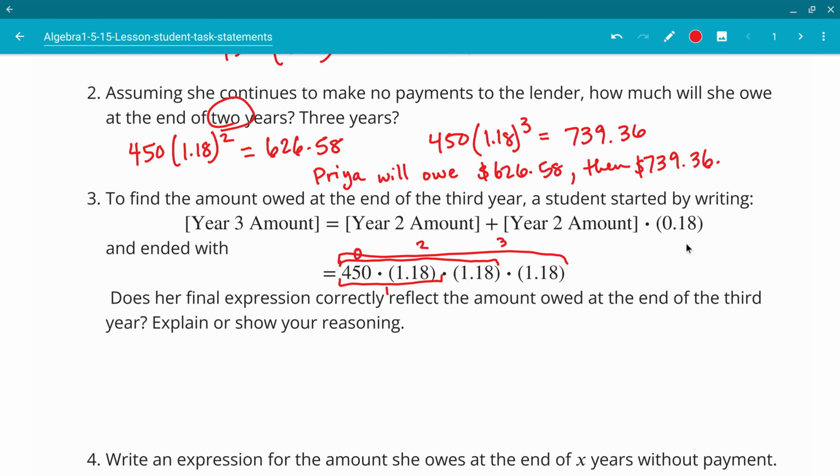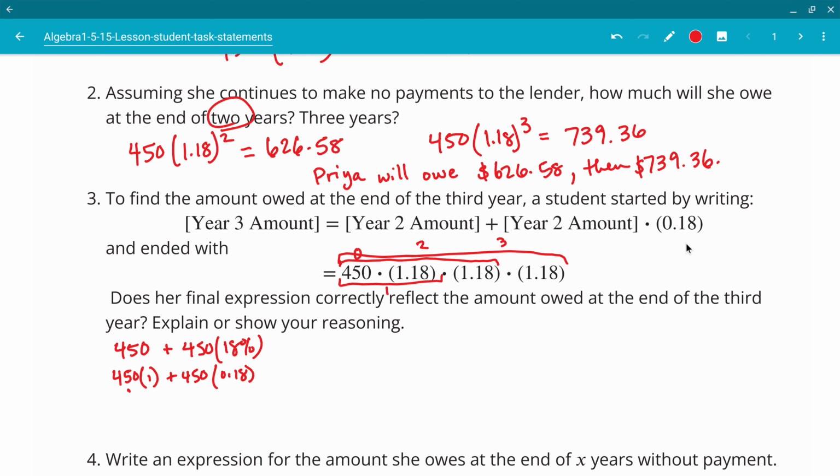Here's 450 plus 450 times 18%. 18% is the same thing as 0.18, and 450 is the same thing as 450 times 1 plus 450 times 0.18.